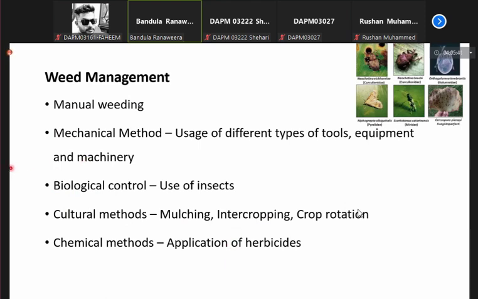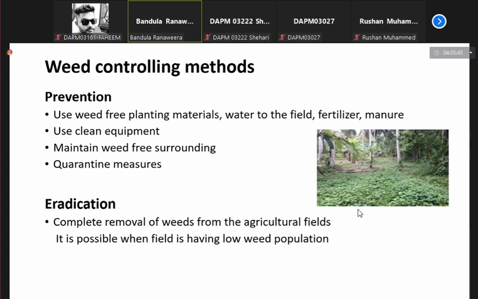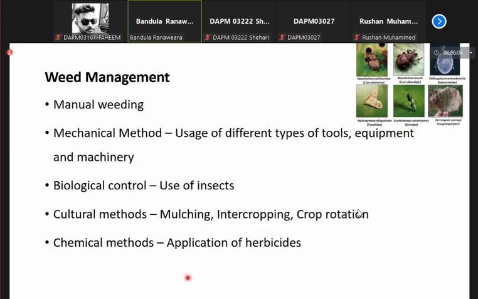And the previous one, control methods: weed-free planting material, clean equipment, quarantine measures, maintaining a weed-free surrounding, complete removal from our field. What is the major difference here?